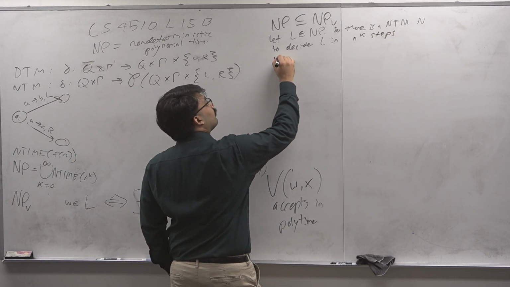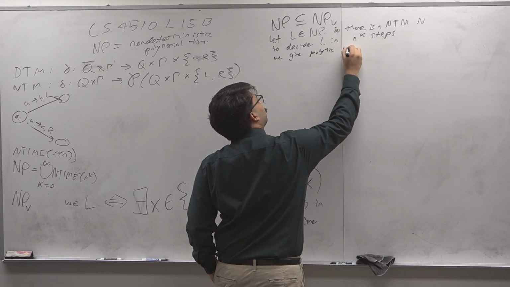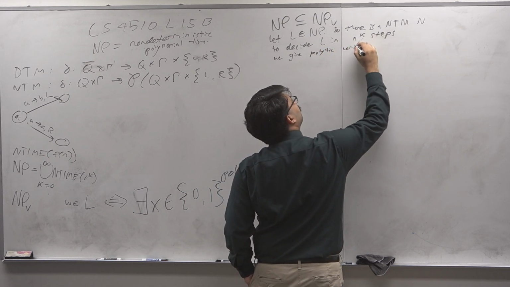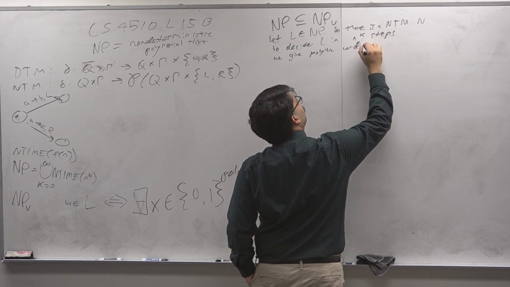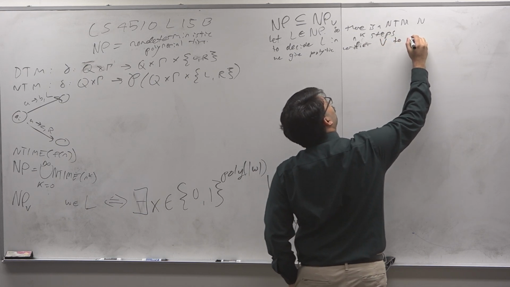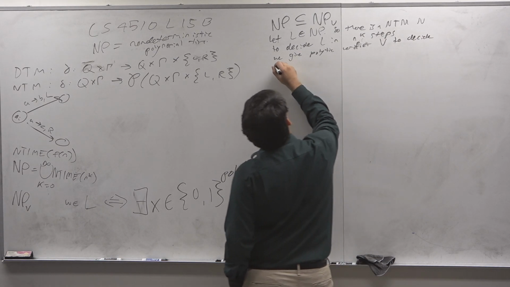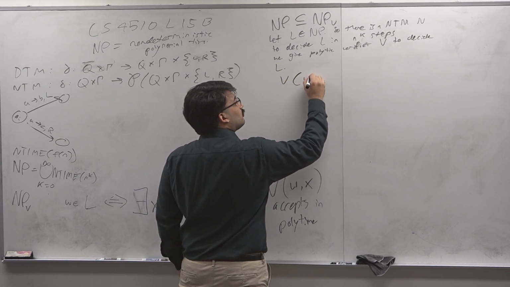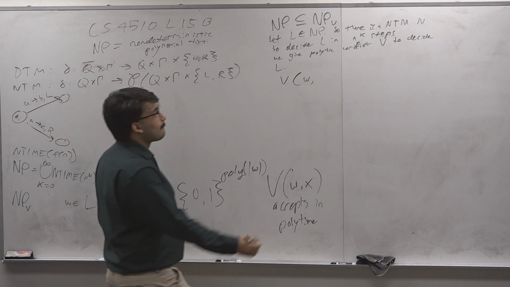We give a polytime verifier V to decide L. So V is going to take as input W, and then it's also going to take as input this witness X.